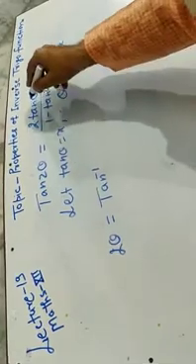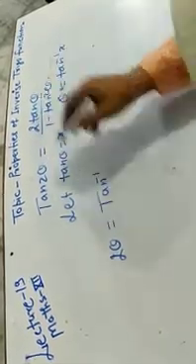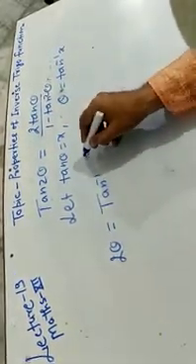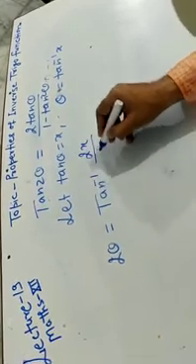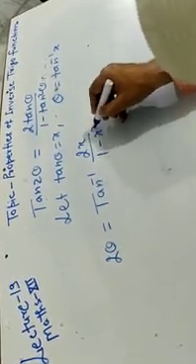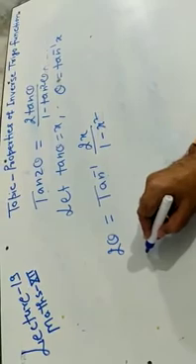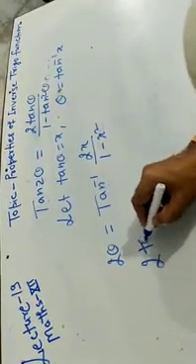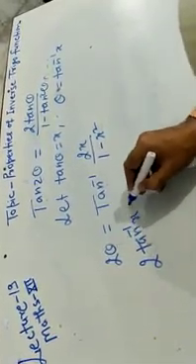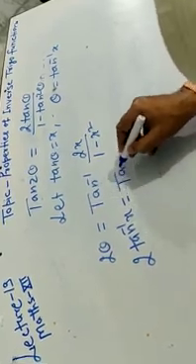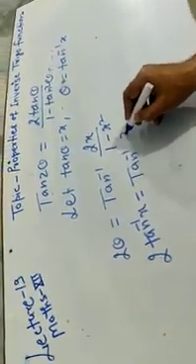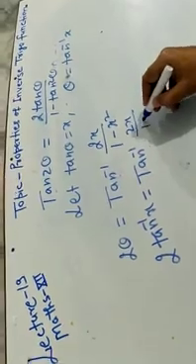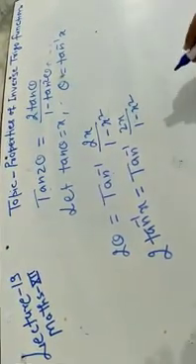You take this formula, tan 2 theta equals 2 tan theta by 1 minus tan square theta, so 2 theta equals tan inverse of 2x by 1 minus x square. 2 theta means 2 tan inverse x equals tan inverse of 2x by 1 minus x square.